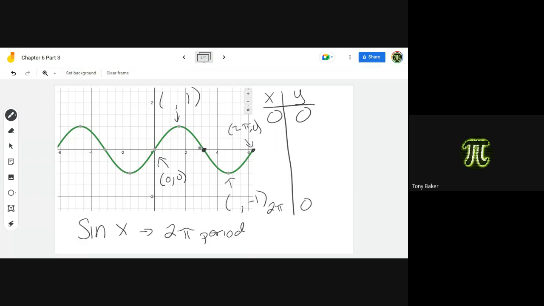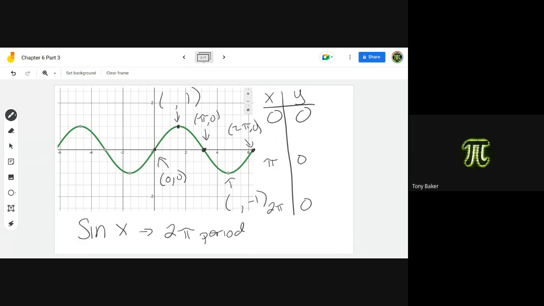What about this point right in the middle here? Where do you think that point is? It's halfway between the two, right? That's 1 pi. So at pi, it's also 0. All right, so now this point right here.